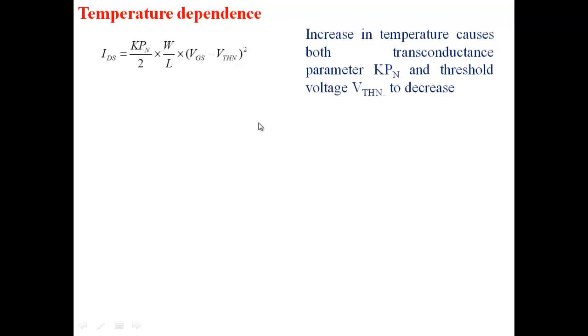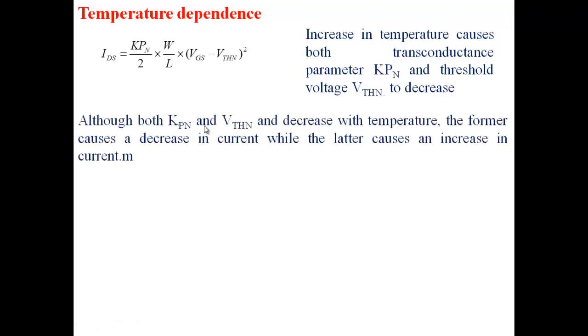These two are temperature dependent terms; W and L and all that are obviously temperature independent. KPN has mobility in it. If you recall, I just briefly showed you an expression for mobility. Mobility is highly temperature dependent, and VTHN is also temperature dependent. Generally, both KPN and VTHN decrease with temperature. If you are at room temperature or above, KPN will decrease with temperature, mobility will decrease with temperature, and VTHN will also decrease with temperature.